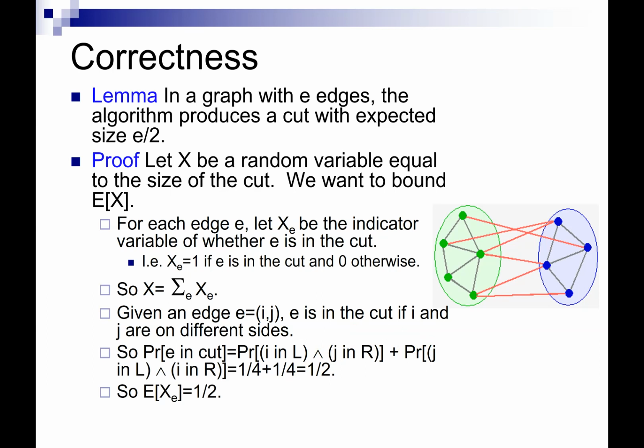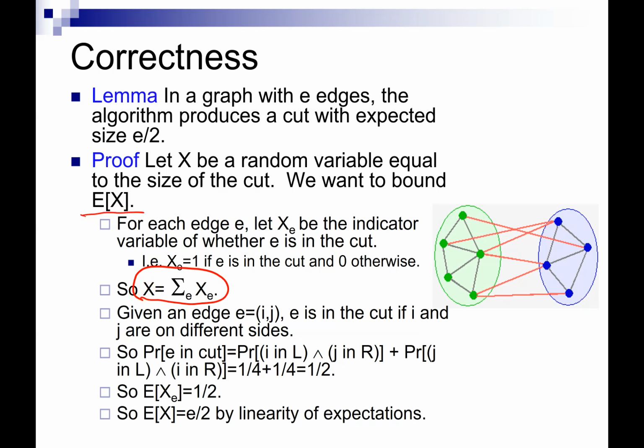And so by the previous fact that we had, the expectation of this indicator variable is also going to be 1/2. Therefore now we can apply linearity of expectations to this equation over here. So the expected value of x, which is what we want to compute, is going to be the sum of the expected values of all of these indicator variables.